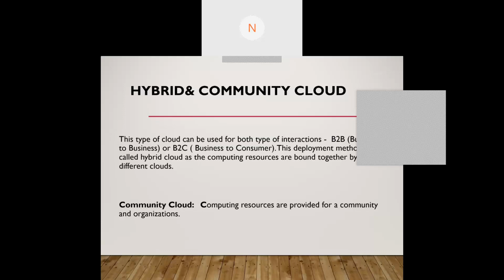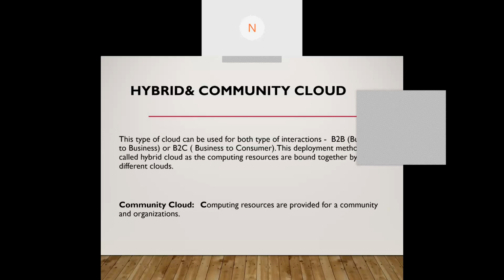For example, I have telecommunication companies together like Airtel, Vodafone, AT&T, Verizon. These are all major telecommunication service providers. Now, all these telecommunication service providers together buy a cloud and they share it among themselves. So that's called a community cloud.